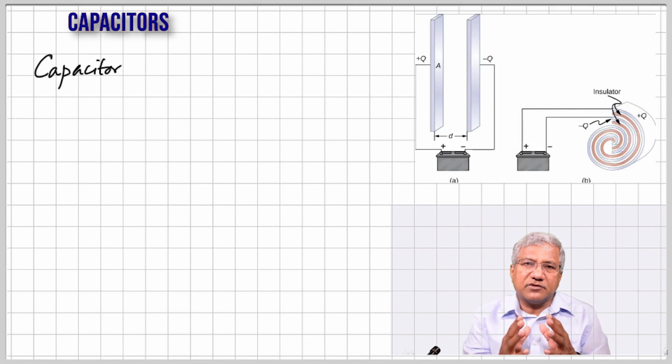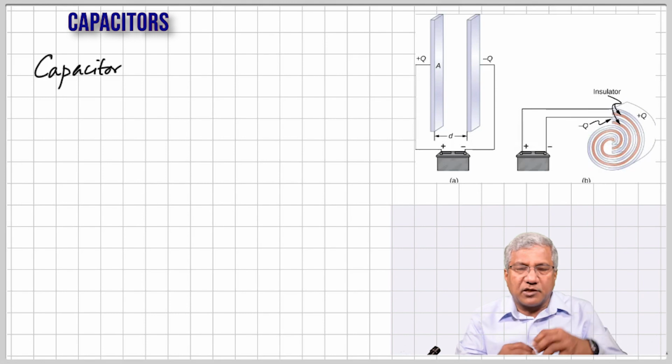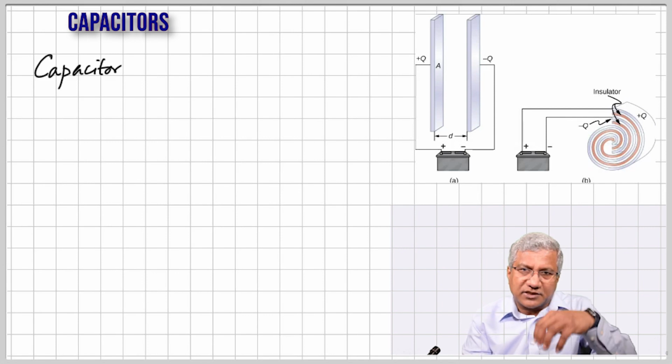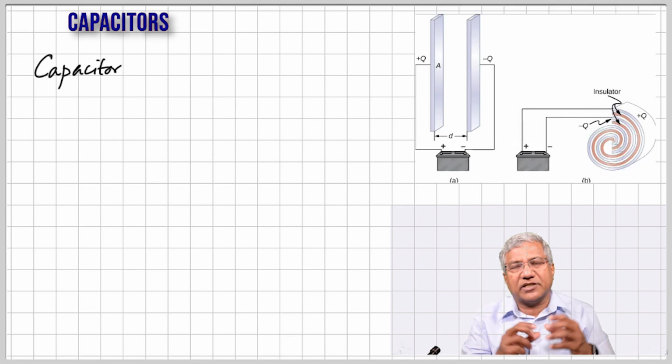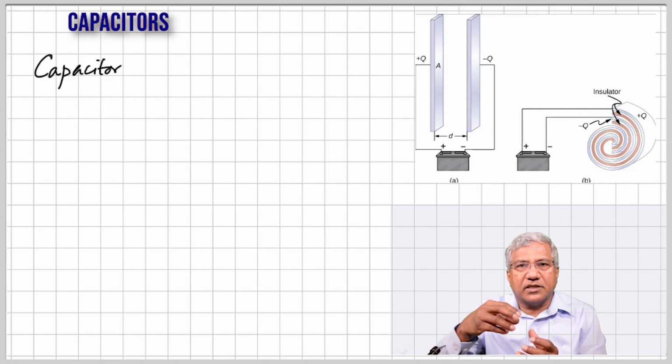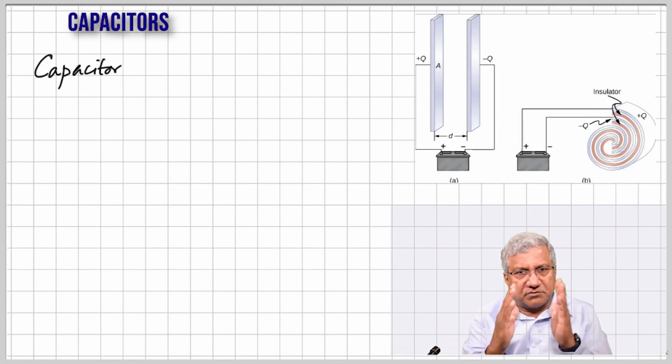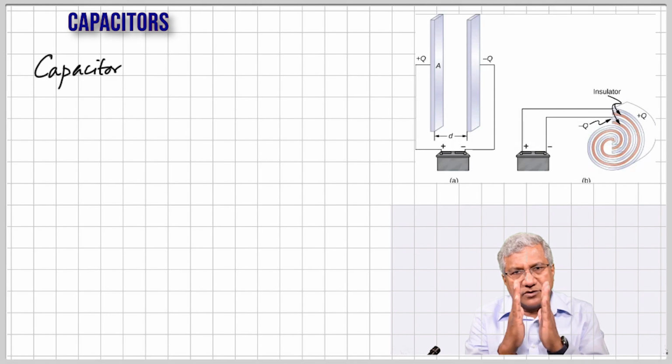Now, the advantage of doing that is to make the area as big as possible. So when you look at a parallel plate capacitor, practically you would see it as a cylinder, because it's rolled up into a cylinder and then put inside a metallic protective casing. But basically, it's two parallel plates separated by an insulator.